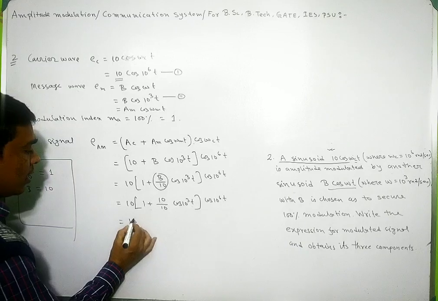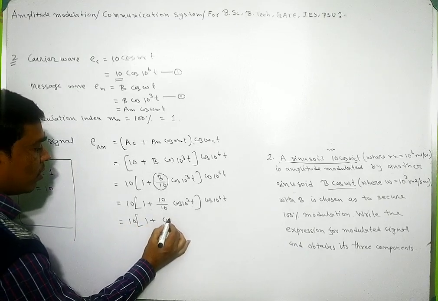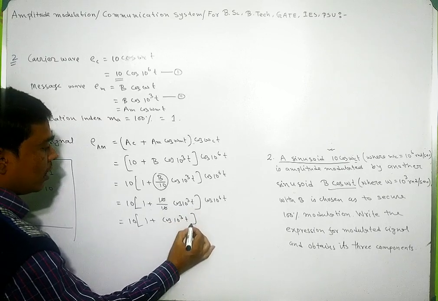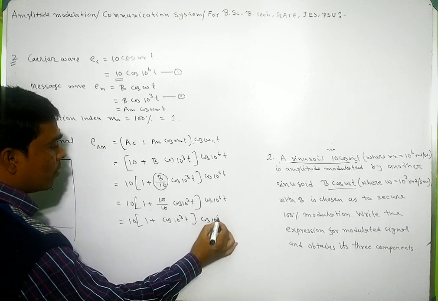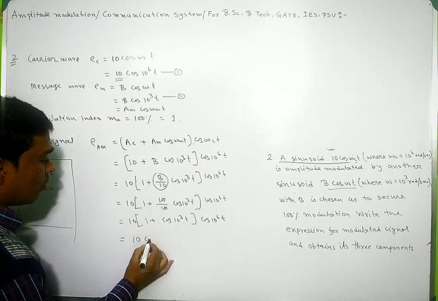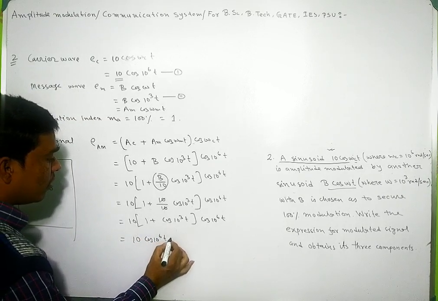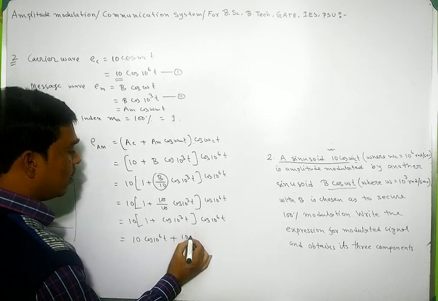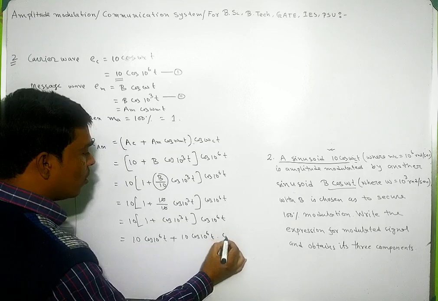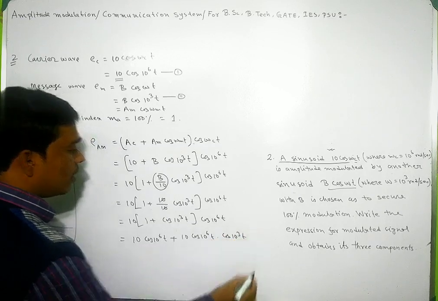So it will be 10 cos 10 to the power 6t plus 10 cos 10 to the power 6t into cos 10 to the power 3t.